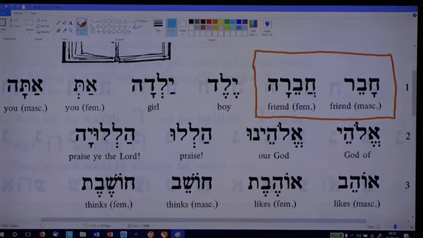This first one, this is a chet, this is a bet, resh, so that's an ah sound and an a sound, so this must be pronounced cha, and then this is a v sound, the vet's a v, a, so this is a chaver. A chaver is a friend, masculine.